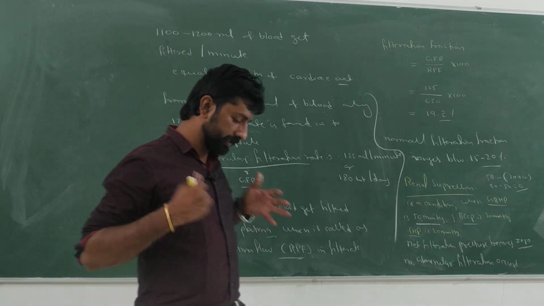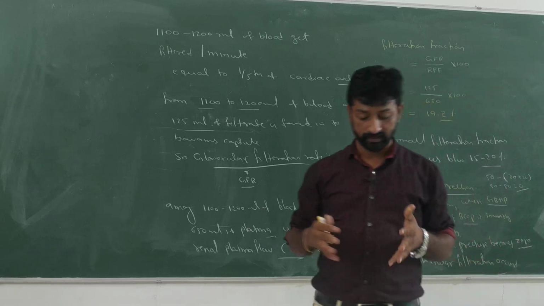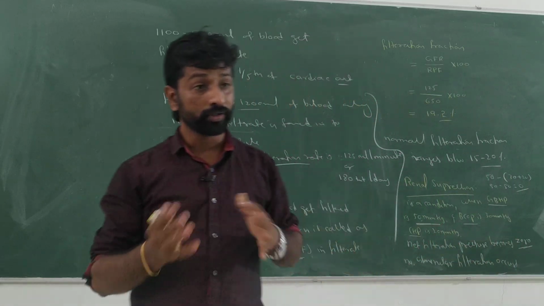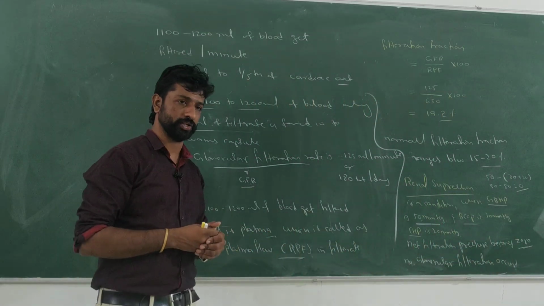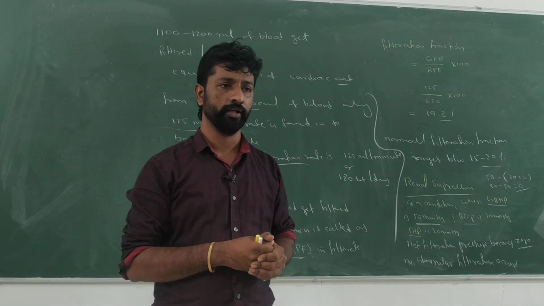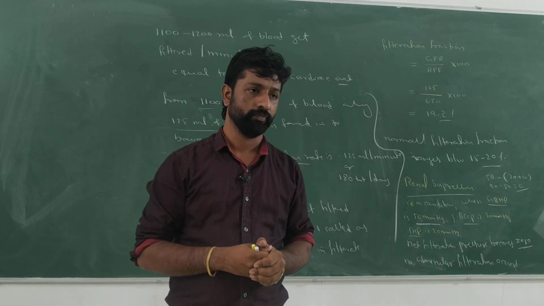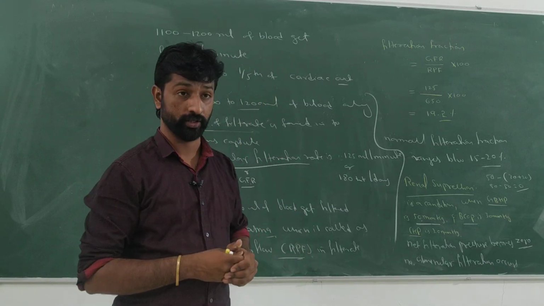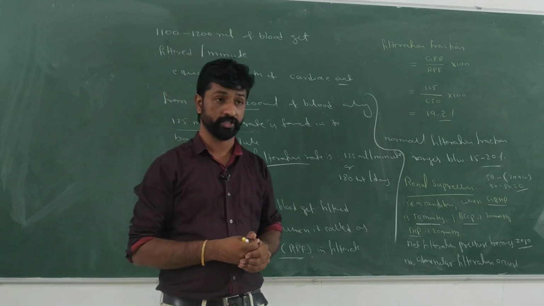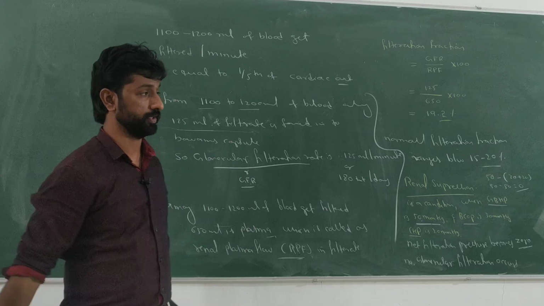But our kidney's physiological function and anatomical setup is such that it can alter the rate of glomerular filtration, or alter these values according to the need, and carry out continuous glomerular filtration. So how can it modify these pressures? Okay, let us understand that. Before that, make a note of these points now.